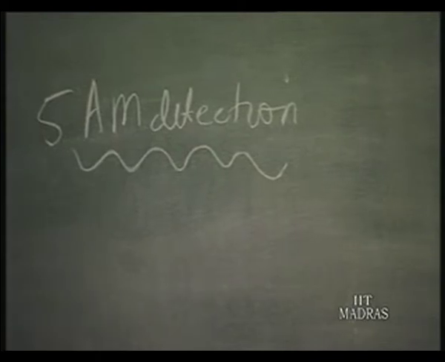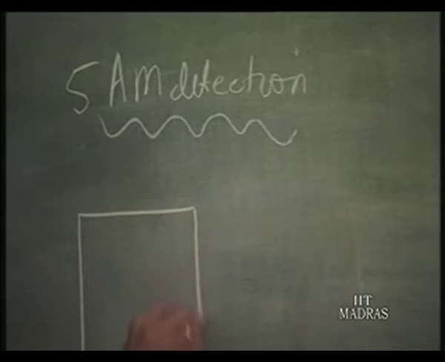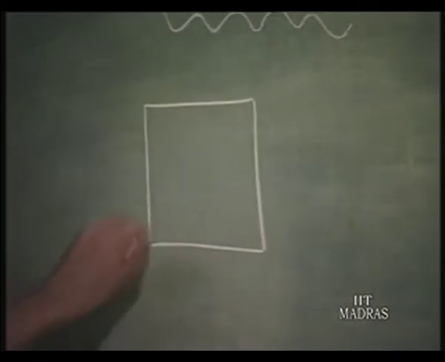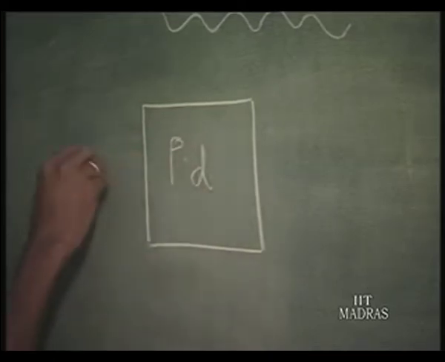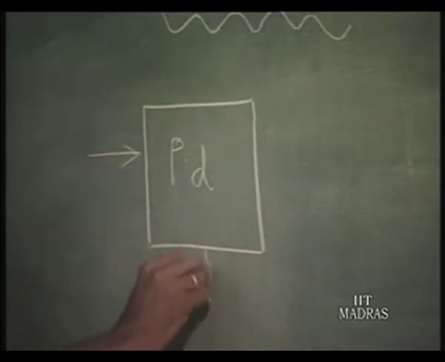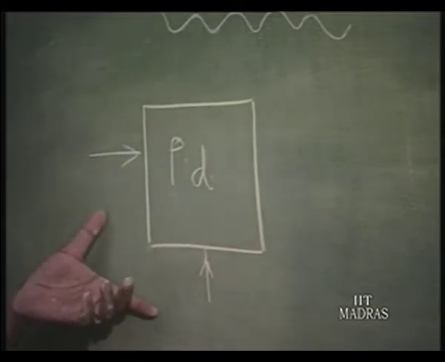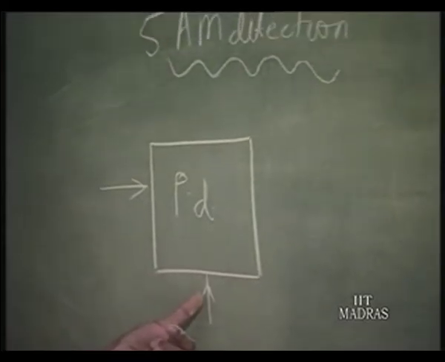How do we do AM detection? Normally, AM detection is done using a diode. In this case, we can use a multiplier, that is nothing but a phase detector, to detect AM as long as we can generate the carrier.